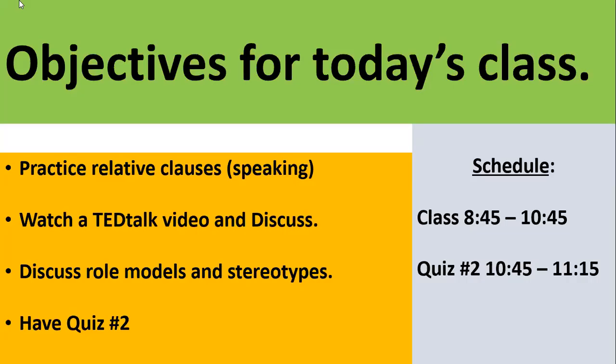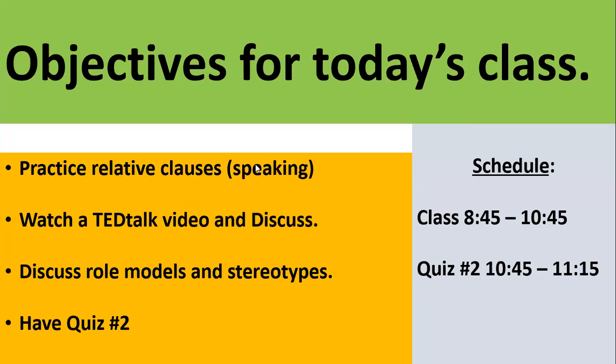Okay. So in this case, we're going to start like I mentioned yesterday. I sent it to the WhatsApp group. The objectives for today: we're going to practice a little bit more grammar with relative clauses.